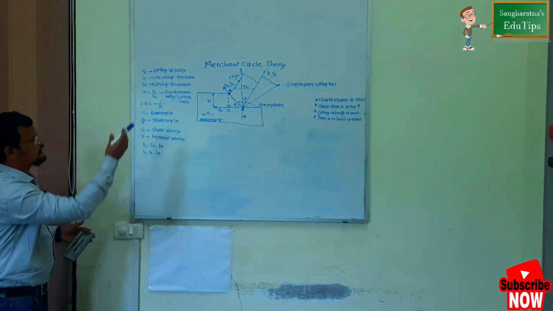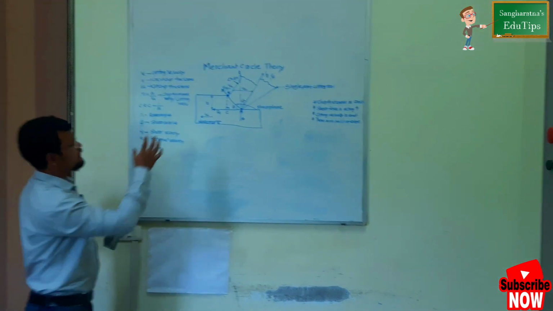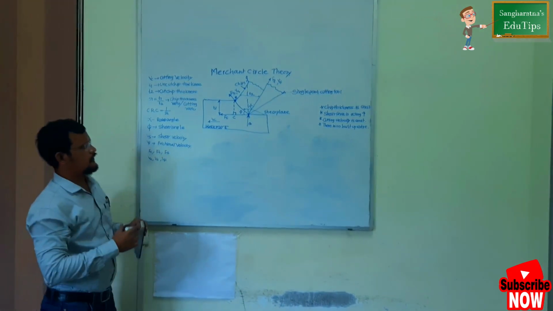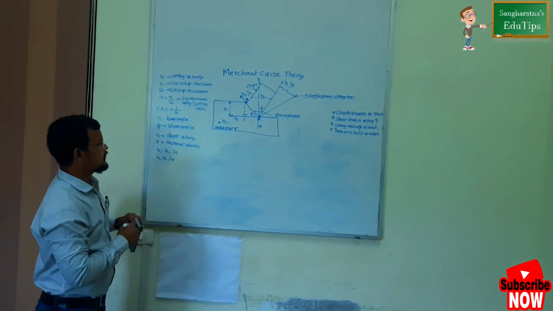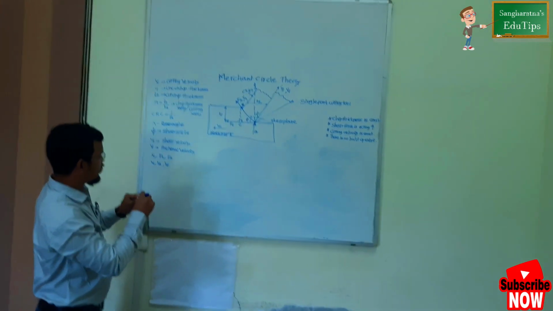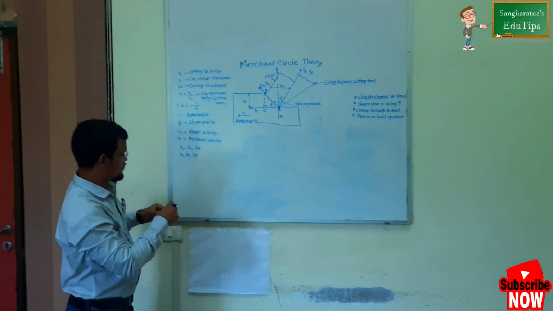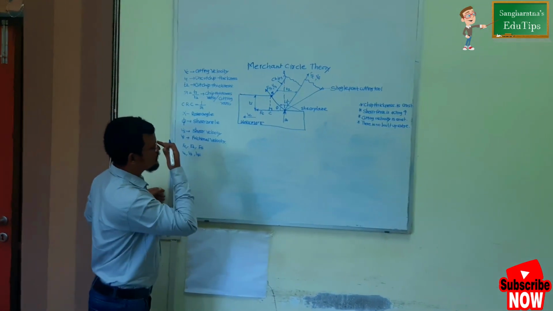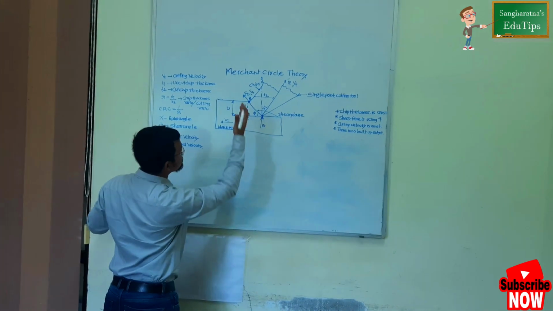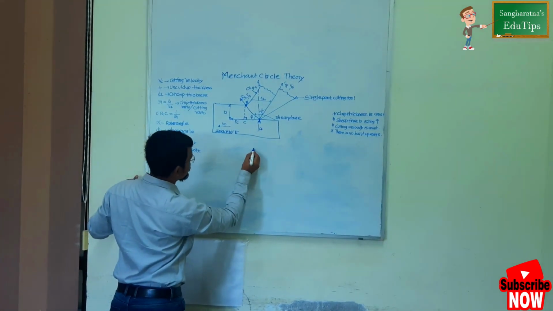Simply what I did, I just represented a replica of the figure in triangular format, and with the help of some geometrical relations I derived the equations, right? Another thing is how to represent these various forces during the turning process. So merchant circle theory plays an important role.